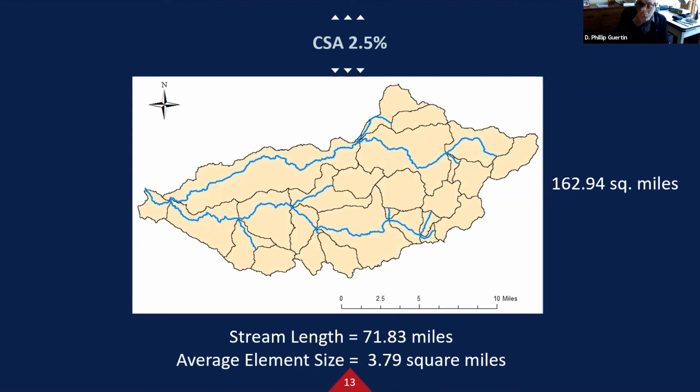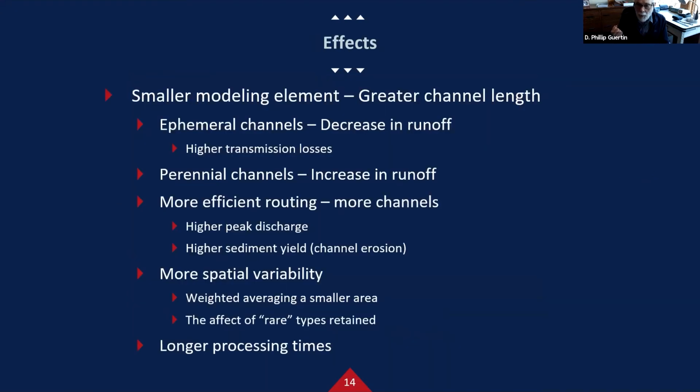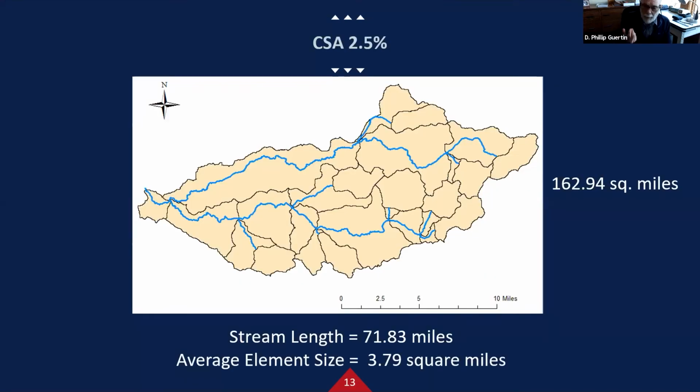Here is another case where it's now 2.5%. My stream length is 71 miles, and each element is much bigger, 3.8 square miles in size.